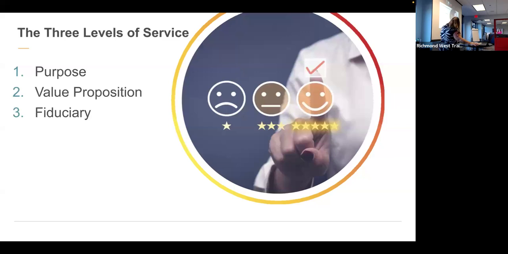3 levels of service: your purpose, your value proposition, and your fiduciary. Who remembers the difference, going back to the real estate school days, between functionary and fiduciary? What's functionary?